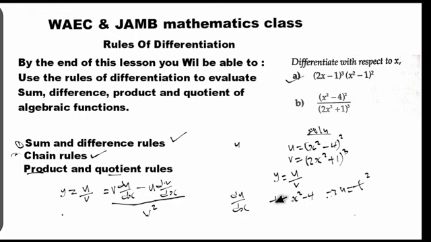Now the general expression for the chain rule is, when you are finding du/ds, it is equal to dt/ds multiplied by du/dt. So this dt cancels, and we still have the du/ds here. So that is the chain rule for that.